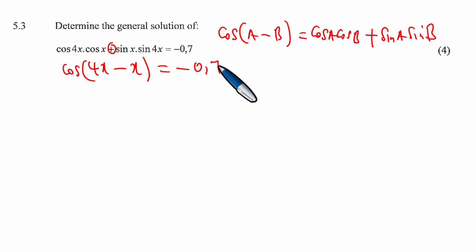So now, what do we do at this particular juncture? What is the next thing to do here? The reference angles. Well done, Noor. Now we get our reference angles.